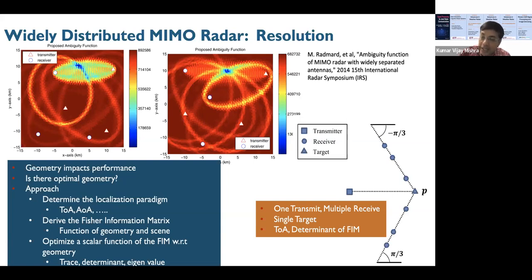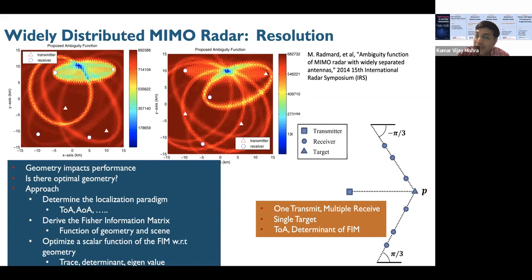So even though phased array can do tracking better, it cannot identify as many targets as MIMO. So the parameter identifiability is higher with MIMO radar, lower with phased array, but the tracking performance of phased array is better for a smaller number of targets than MIMO. So there is this trade-off. We really can't say MIMO is good all the time, because military, even today, does not use MIMO radar.